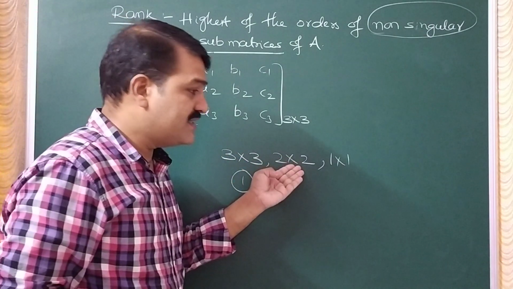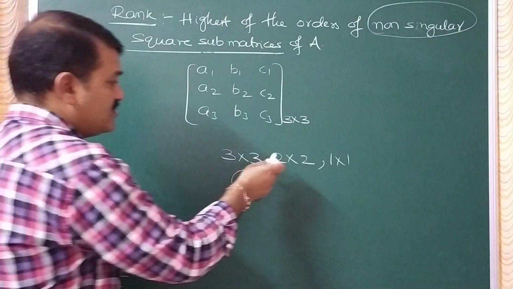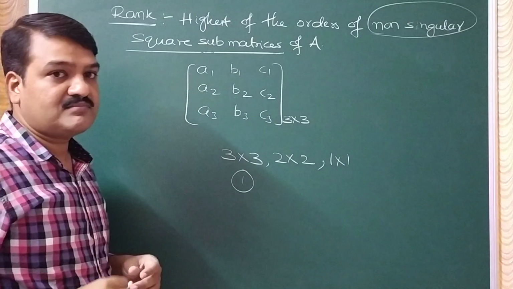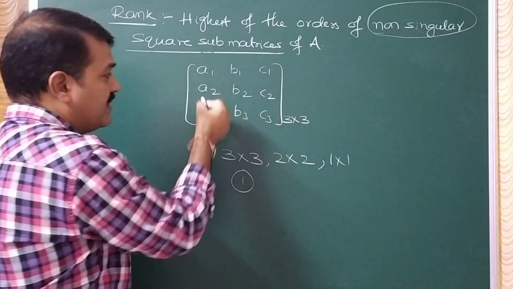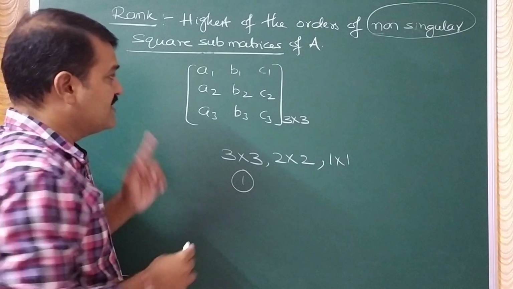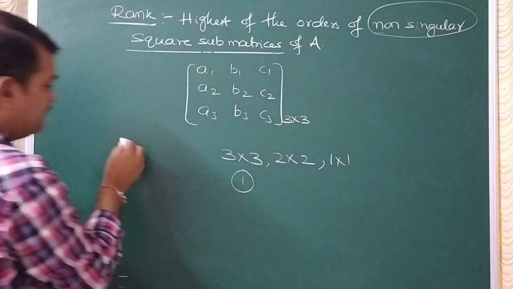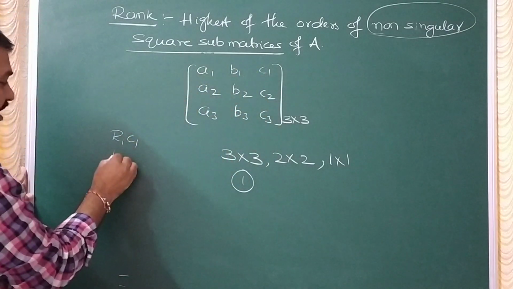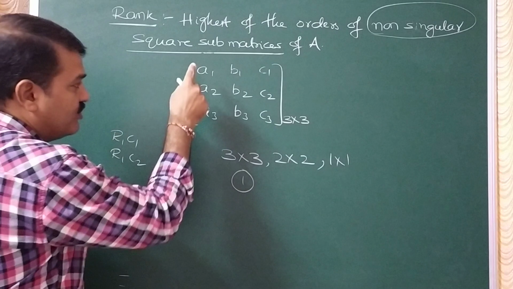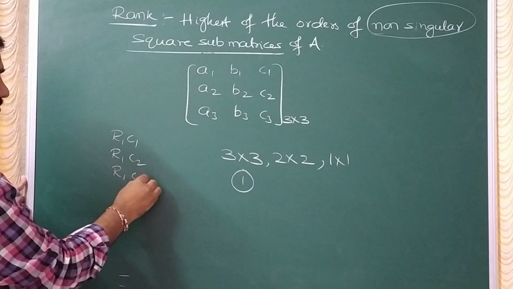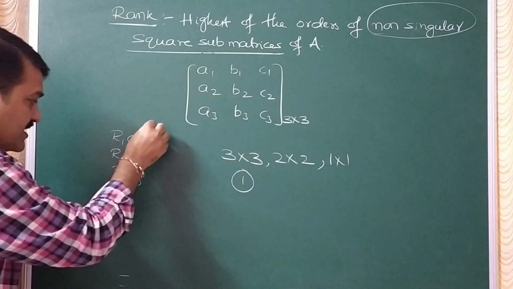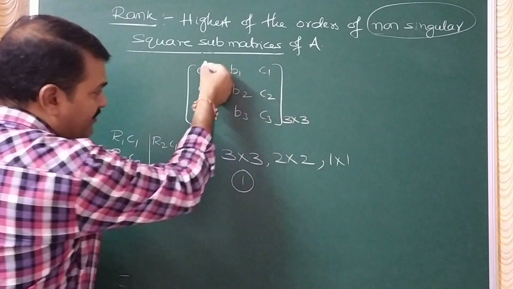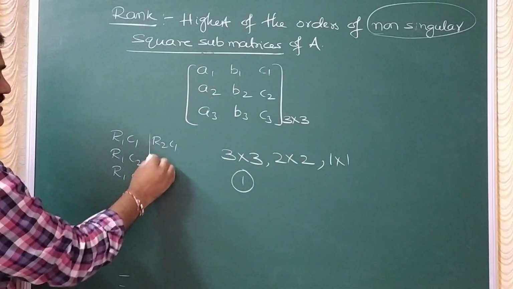How many 2 by 2 submatrices can you get? We have to remove one row and one column. If you remove first row, first column, you will get one. First row, second column, you will get one. First row, third column, one. Next, second row, first column, one.